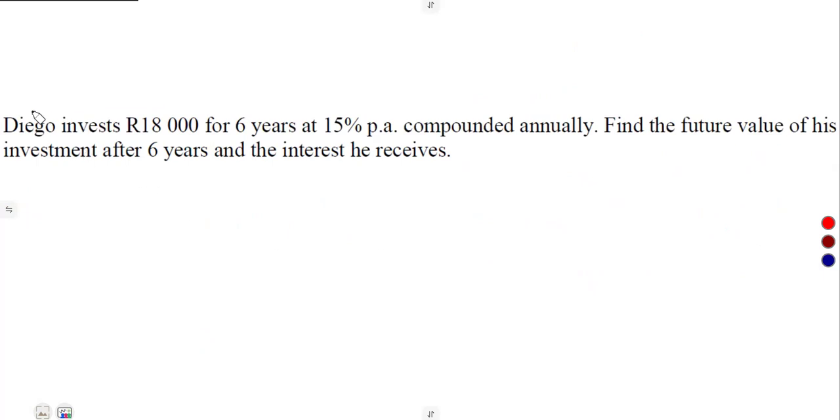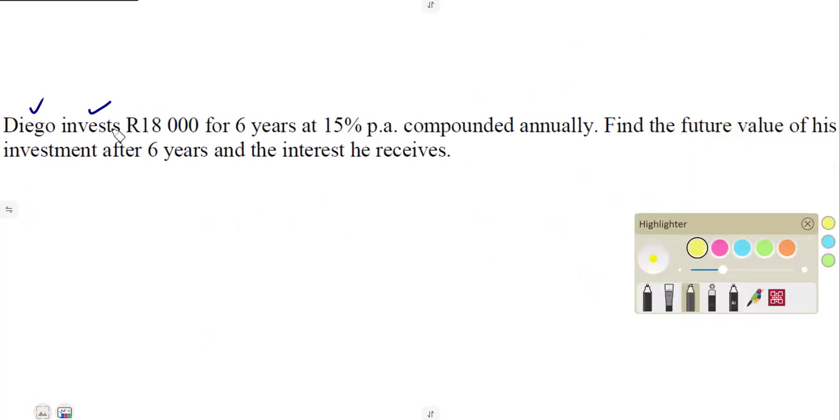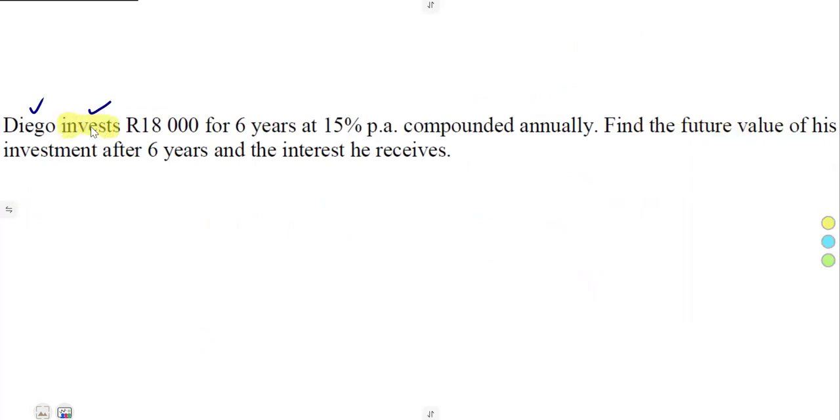We are given that Diego invests money. The money that you invest is called what? The principal. So he invested 18,000 rand for 6 years. The time in what? In years.